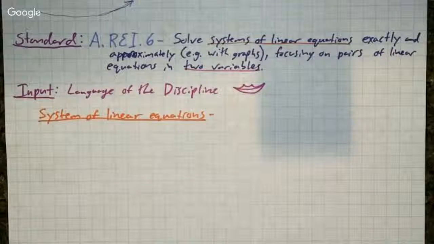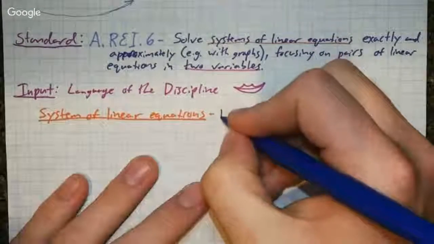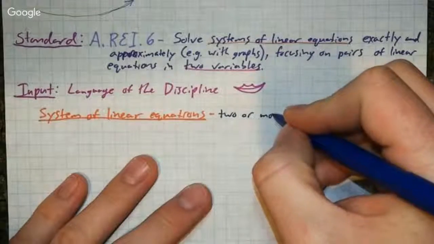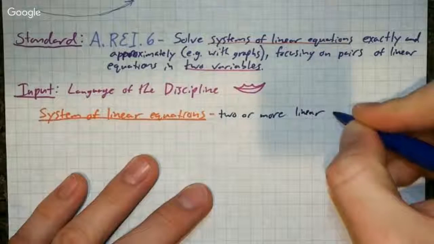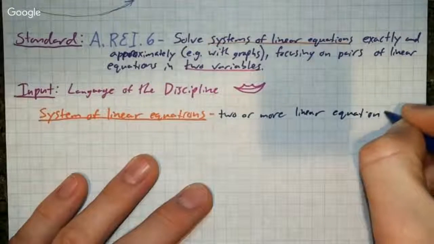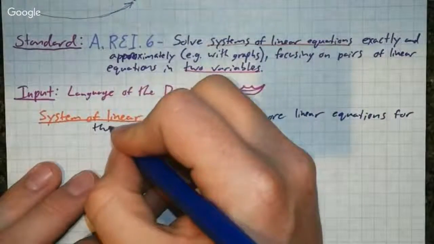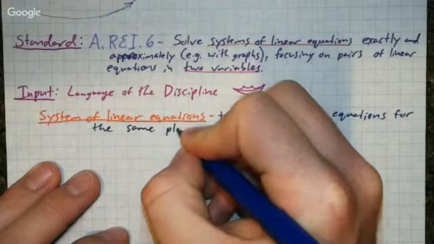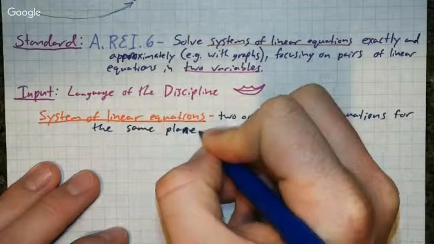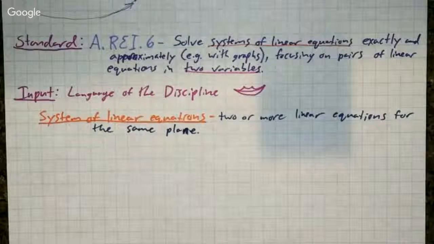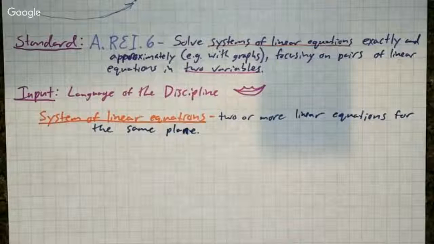Well, a system of linear equations is two or more linear equations for the same plane. So on the same plane, two linear equations. Now there could be 3, 4, 5, 6, 7. We're only going to deal with 2 today. But anytime there are more than one linear equations on the same plane, that's called a system of linear equations.